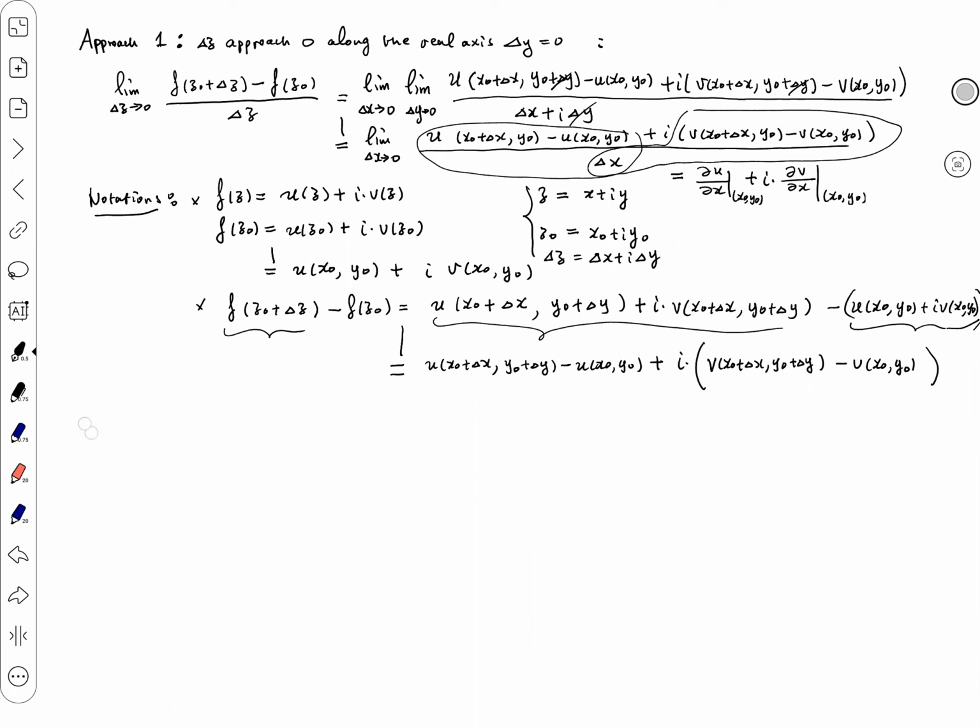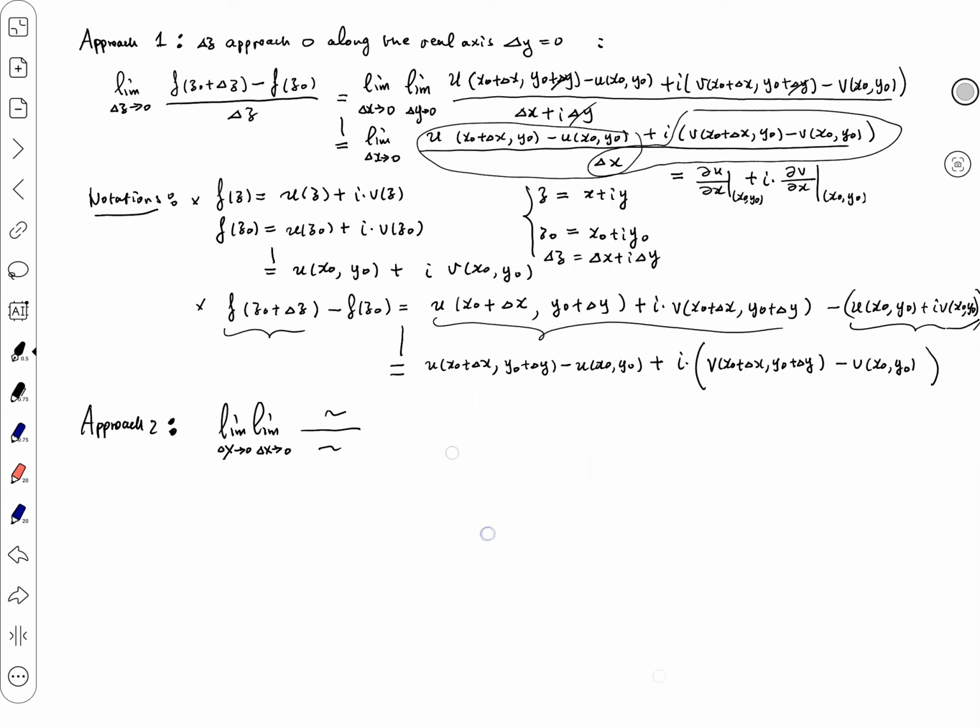This is what we finally get. Okay, let's approach 2. We just change the direction, the order. First apply delta x goes to 0, second let delta y goes to 0. And then what we got is, obviously, let's just write the result.